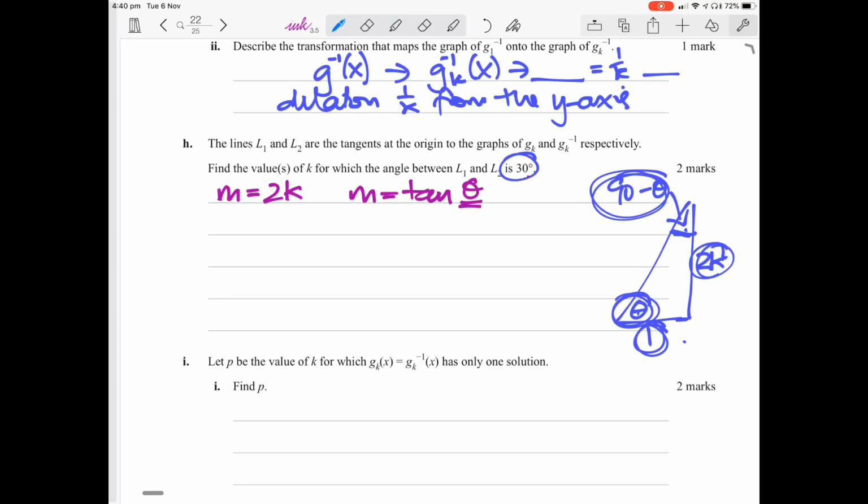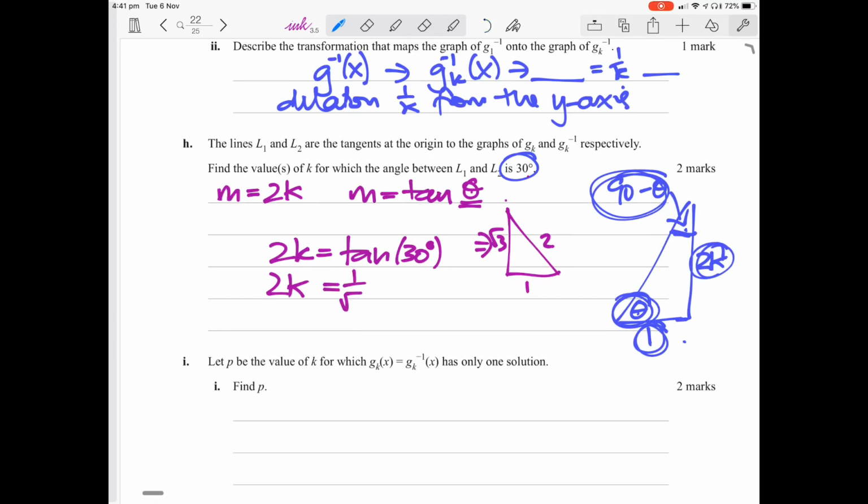If theta is equal to 30, we get 2k is equal to tan of 30, which is 1 on root 3. So 2k is equal to 1 on root 3. Therefore, k is equal to 1 on 2 root 3, which is root 3 on 6.